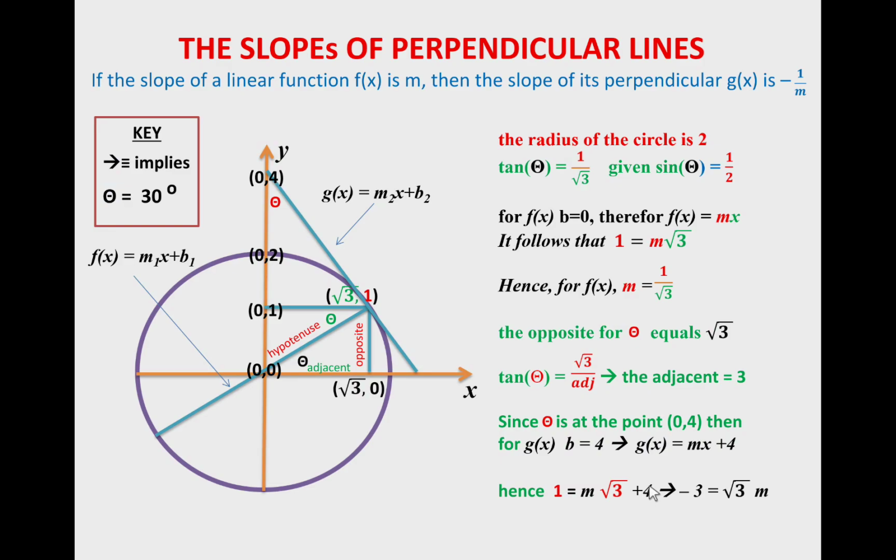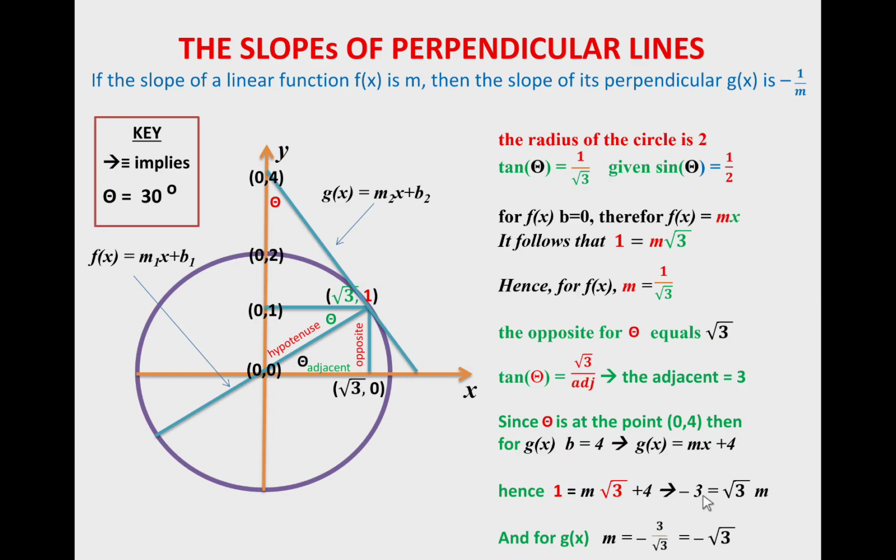We could go ahead and take 4 to the left hand side. It will become negative 4, and when we add 1 to it, it will be negative 3. So negative 3 will be equal to m multiplied by square root of 3. Now we can do the math to figure out the slope by dividing this side by square root of 3 and this side by square root of 3.